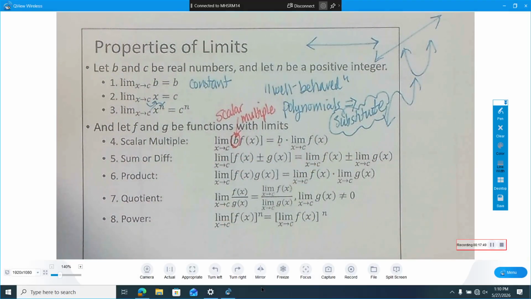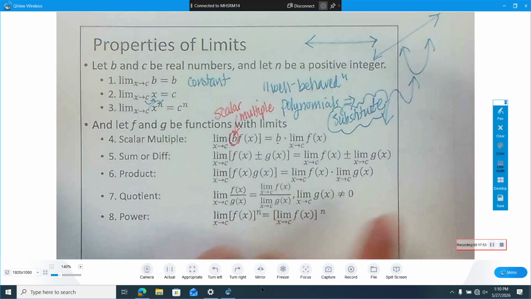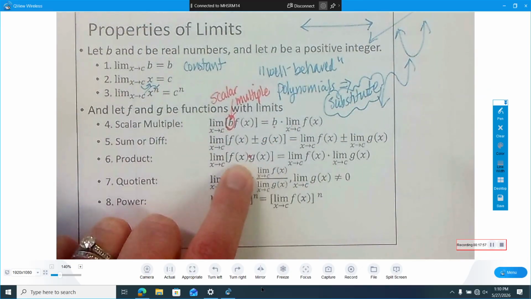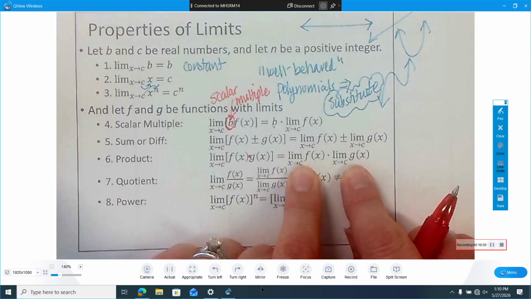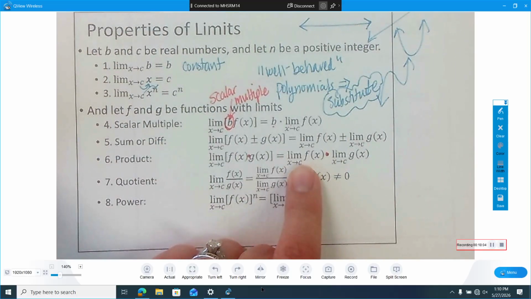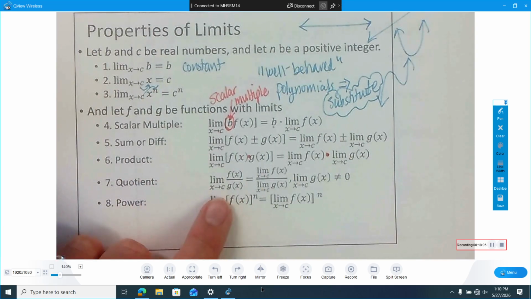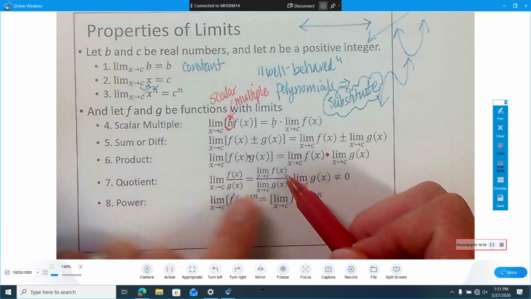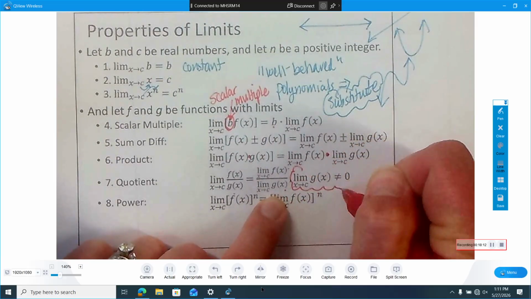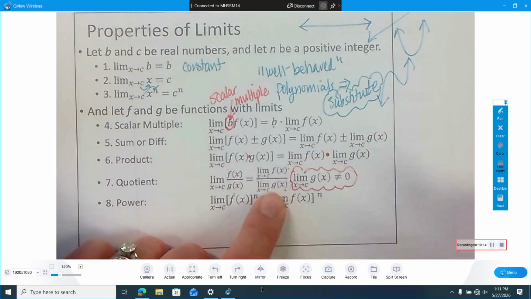Okay, so that's pretty easy. Over here, we're multiplying two functions together. Guess what? All we get to do is find the limit of each and multiply them together. And then when we have a quotient, I'm going to take the limit of the top and the limit of the bottom, provided that we're not dividing by 0.